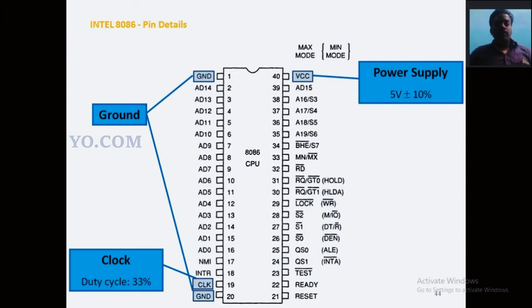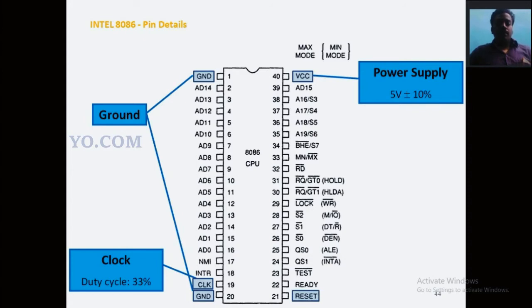VCC is 5 volt; the potential difference is 5 volt, given from a battery. This VCC is used to switch on the microprocessor. It gives energy to the microprocessor, the entire chip. So that is very important. In our computer, the VCC is the SMPS, which acts as the power supply.